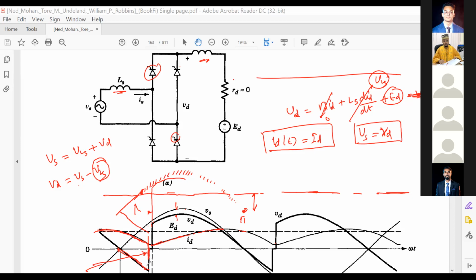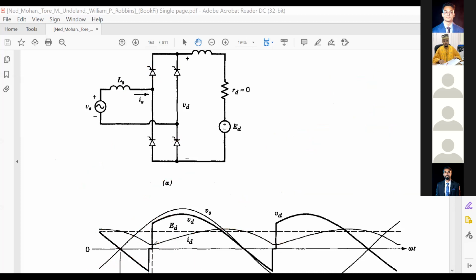Then when T1 and T2 are fired, your VD will be high. Your VD is this one. Look here. So the current will start rising again, and then here VS will be zero. Then it goes like this. So these are the wave shapes of the current we are assuming. Okay, so we have to find out this minimum then. Let us go and check.